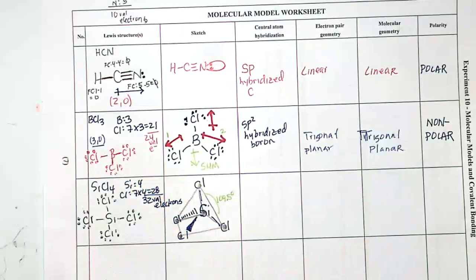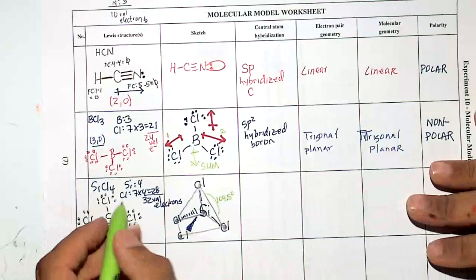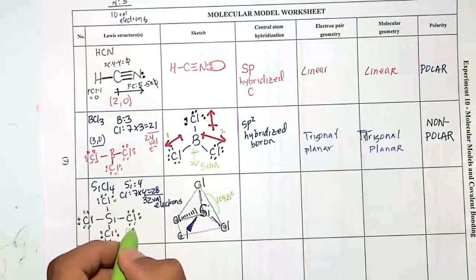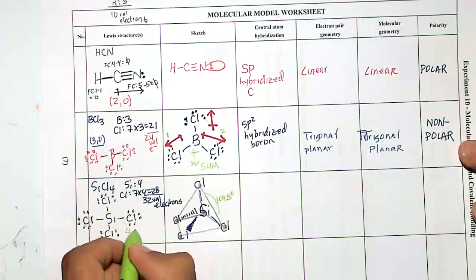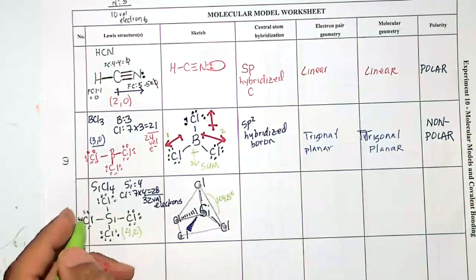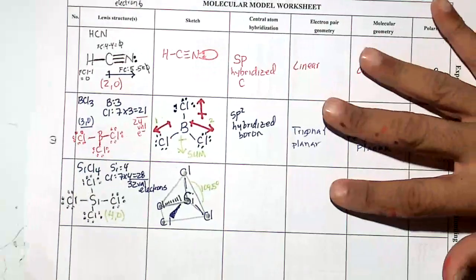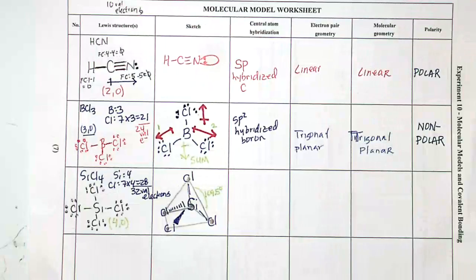All right, how many bonds and how many lone pairs? Central atom? 4 bonds and how many lone pairs? Okay, what's 4 bonds and 0 lone pairs? Do we worry about the electron pair geometry? 4 bonds, 0 lone pairs.